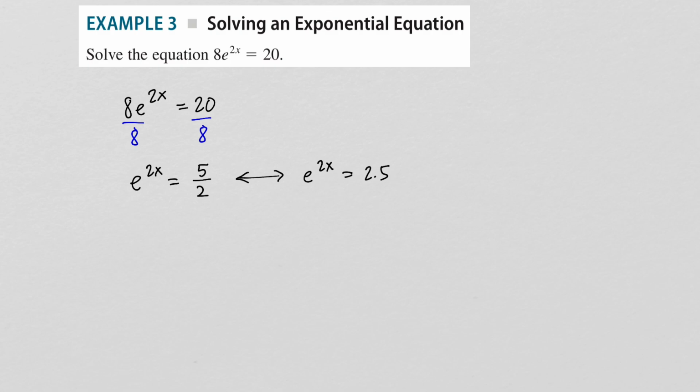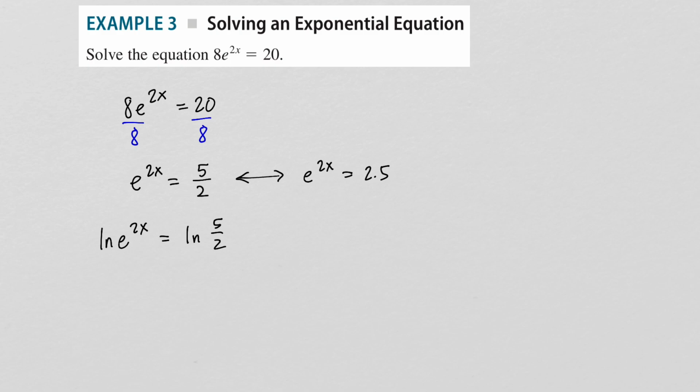But the key difference between this example and the last example is that now when we take the log of both sides of the equation, I do not want to use log base 10. The reason is because there is a natural base of e in this problem. So I want to use a natural logarithm. I'm going to take the natural log of the left side, and that's going to equal the natural log of the right side.